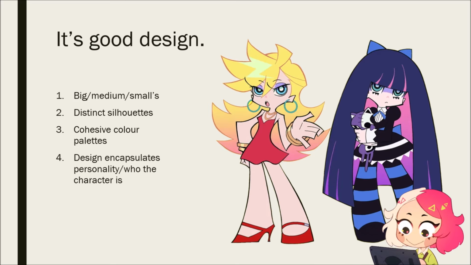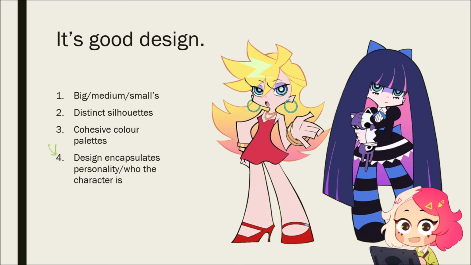Let us move to the final step in our little class. When it comes to character design, the design of the character should encapsulate what their personality is. These two are perfect examples.